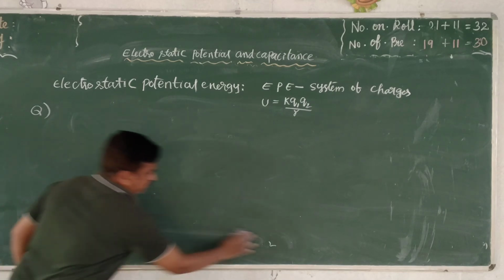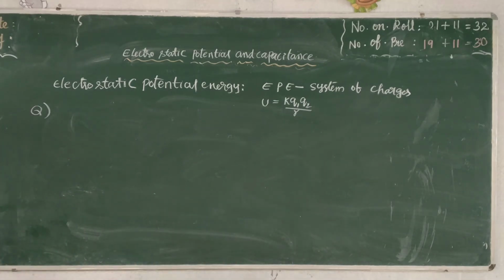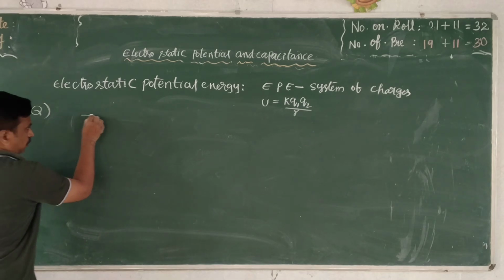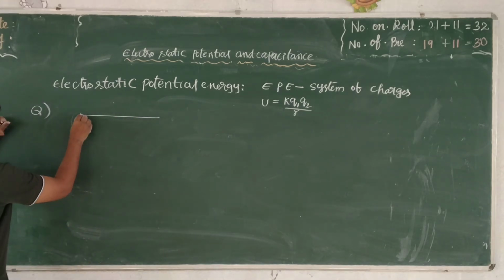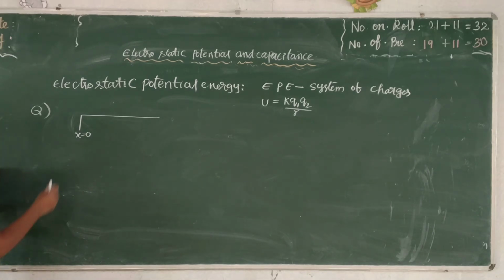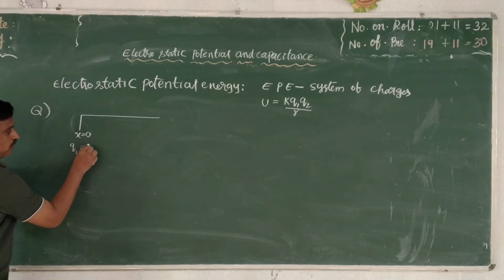Here we can write one more problem. This is the initial configuration: at x equal to 0 distance, charge q1 is there, which is minus 1 microcoulomb.